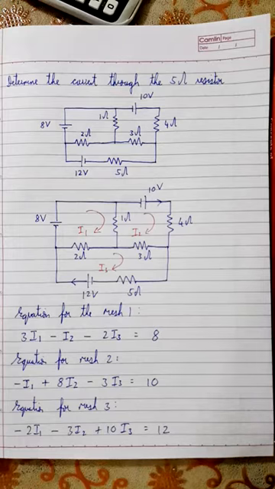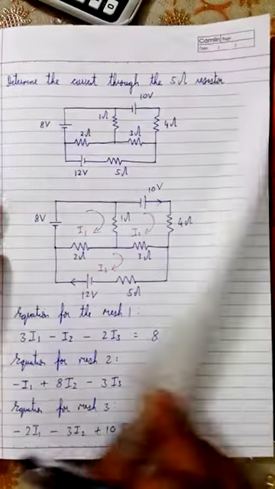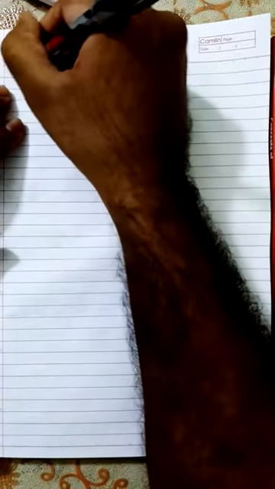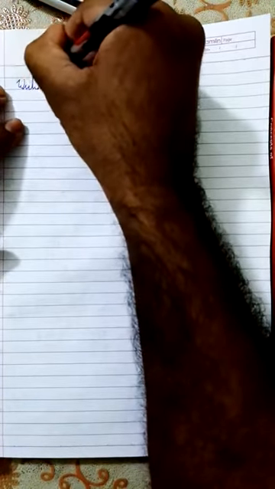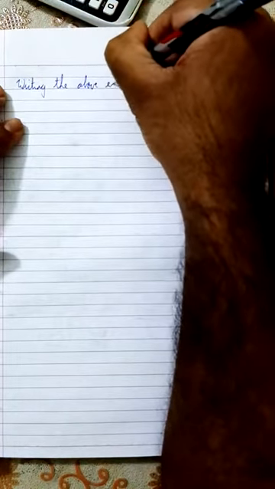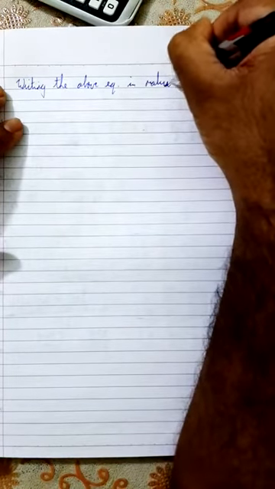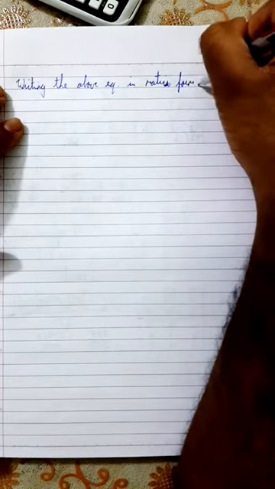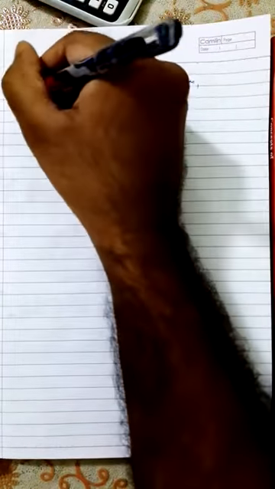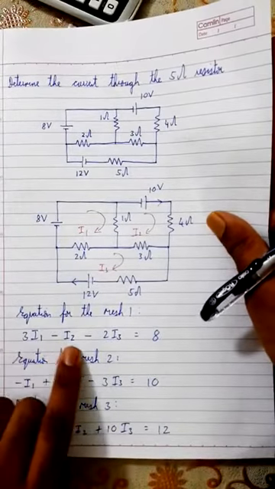Okay. So now I can write the equations in matrix form, right? Writing the above equations in matrix form, I have the 3 equations, so 3 rows. First row is 3, minus 1, minus 2.